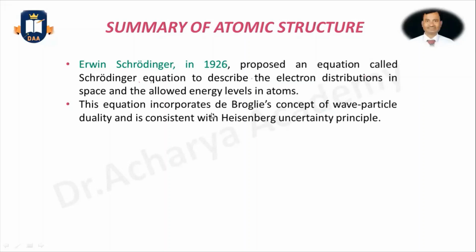This equation incorporates de Broglie's concept, wave-particle duality, and is consistent with the Heisenberg uncertainty principle. In this way, the difficulties in understanding atomic structure using Bohr's atomic model were overcome by the Schrödinger equation, de Broglie's concept, and the Heisenberg uncertainty principle.